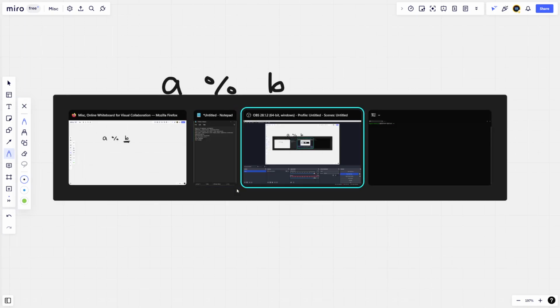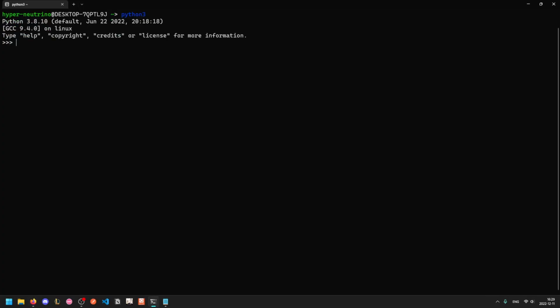So let me pull up the terminal to show you what I mean. 4 mod 3 is equal to 1 as expected. And here what this means is the modulo operator takes the left side and transforms it into its equivalence class in modulo the right side. But what is 4 mod negative 3?